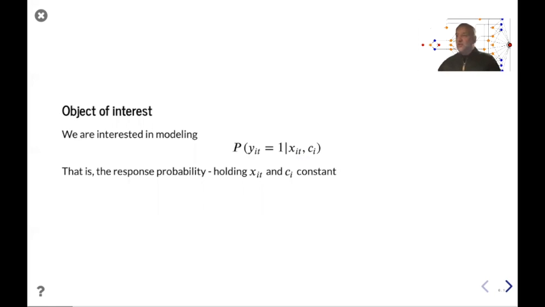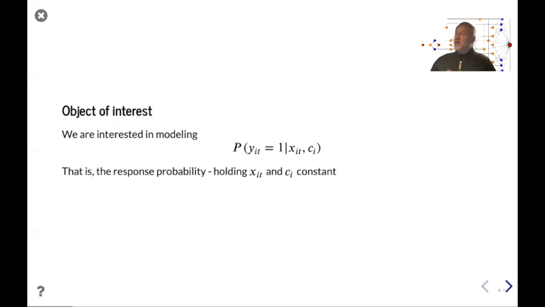So if there's an unobserved effect that's persistent over time, we want to see if we can hold that constant too. Say if you want to get the partial effect on the response probability of changing one of the explanatory variables marginally, we want to hold c_i constant once we're doing that.